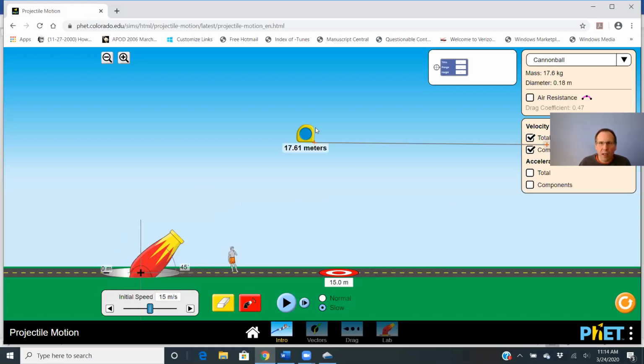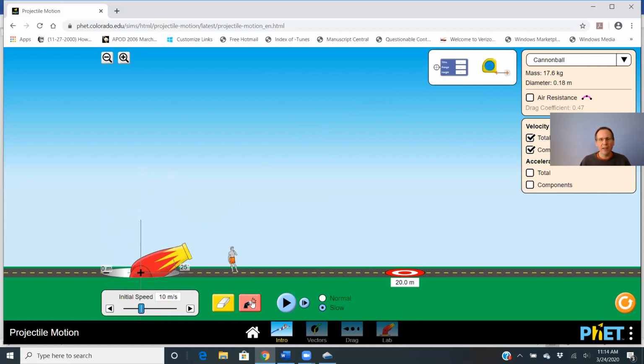I can move this out of the way. So here's the bullseye, right? So I can set this. So again, you're going to leave this at 0, right? I'm going to set this to be 20 meters. And then at 25 degrees, you want to figure out what the speed has to be. So you just kind of play with this, right? If I try 10, it doesn't do much of anything.